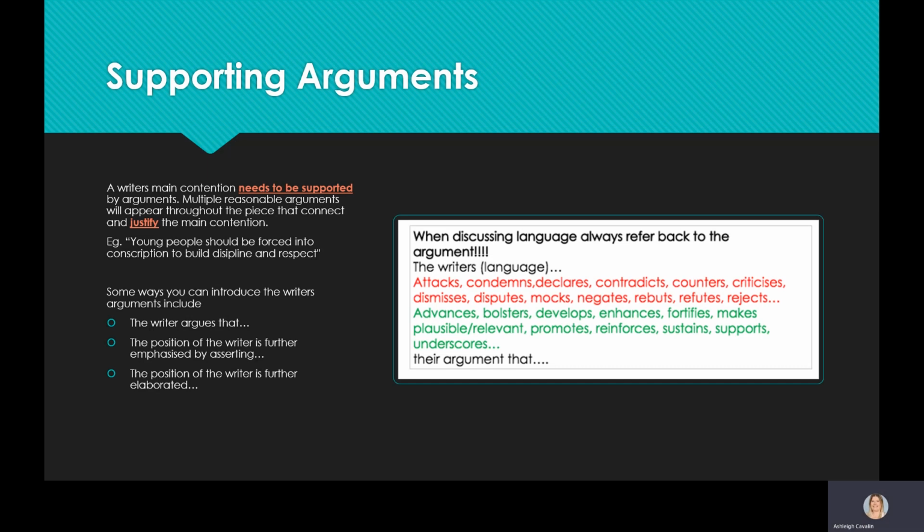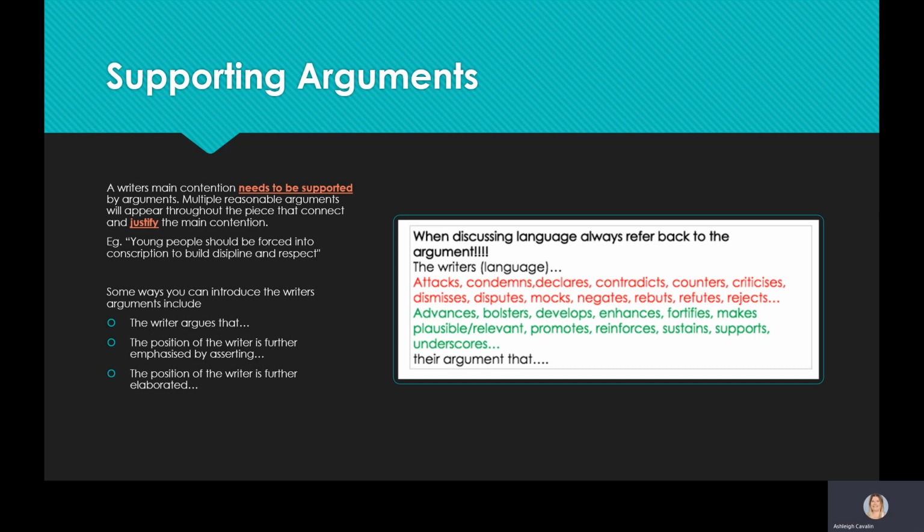For example, in the articles that we're looking at, young people should be forced into conscription to build discipline and respect. So the idea of building discipline and respect is one reason that this writer believes that young people should be forced into volunteer services. You can see there that that's their point or their reason.